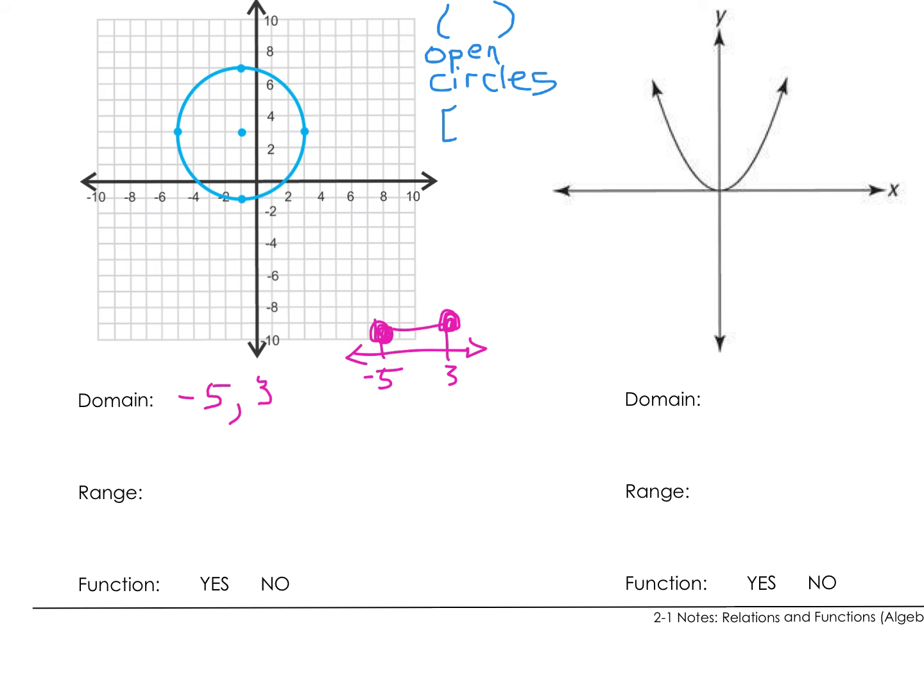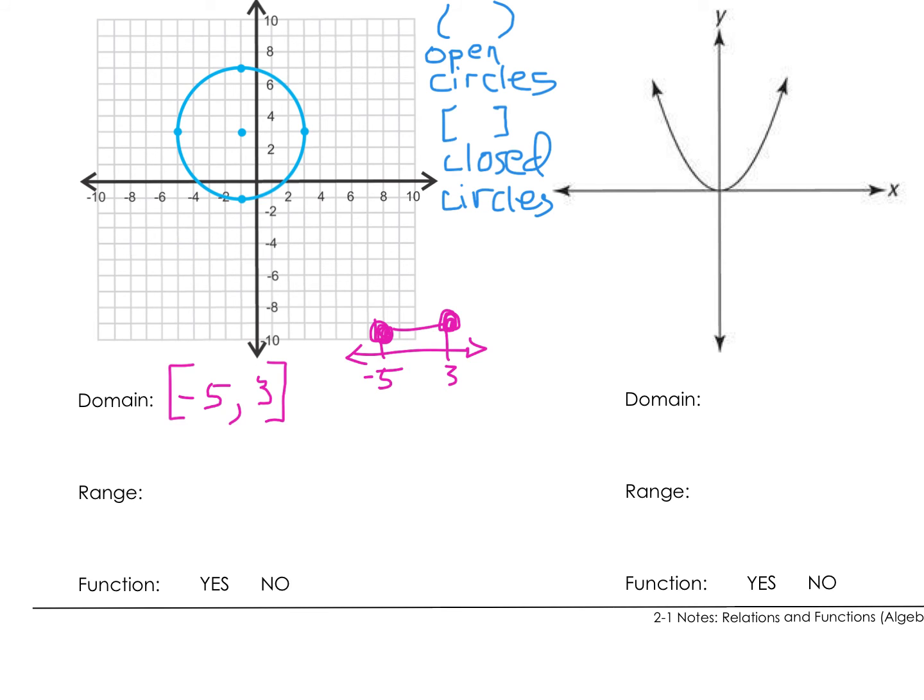If I have brackets, that's the same as closed circles on the number line. Okay, so because I want to include -5 and 3, we are going to use brackets because it represents these closed circles right here. So this represents this exact same thing on the number line.